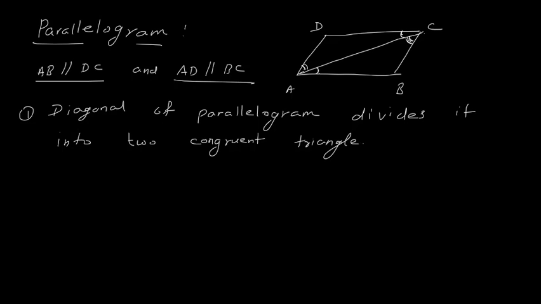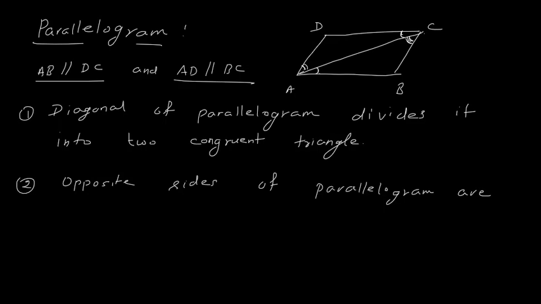Once you prove that these two triangles are congruent, next you can prove that opposite sides are equal. So the first property is that the diagonal of a parallelogram divides it into two congruent triangles. Second, you can say that opposite sides of a parallelogram are equal.